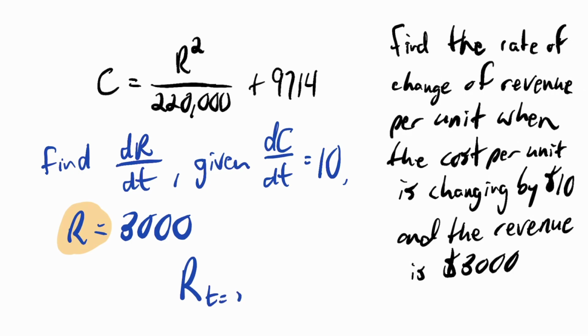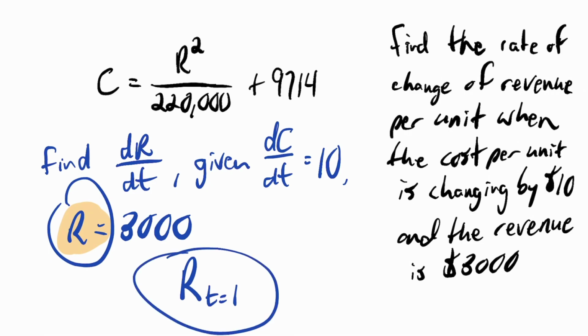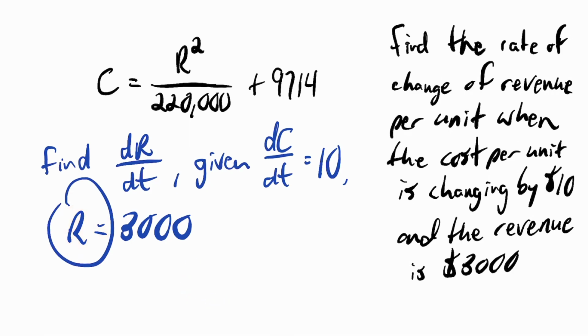Time equals 0, or let's say time equals 1. At some point in time, that's what the revenue would be. In this class, I typically don't go into that detail. I just say, oh, well, this is R, the value for R without using this more proper notation. So I'm not going to worry about that here because we don't need to get bogged down in what is the most precise, correct notation. We just need to get, well, how do you do this, right?